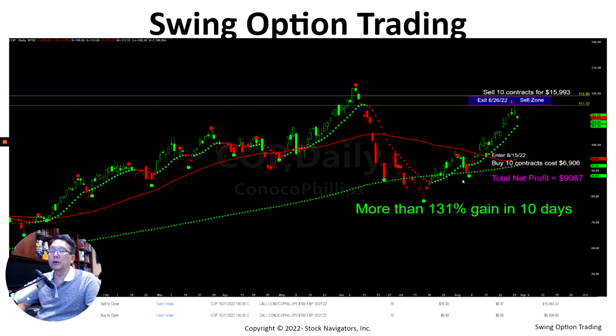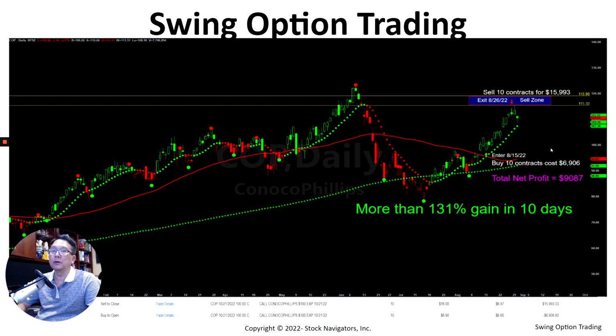So for example, this stock here, I entered on August 15, 2022. When it went up, it pulled back, so I bought 10 contracts. It cost me $6,906. Instead, if I buy right here 1,000 shares, it will cost me $94,000.